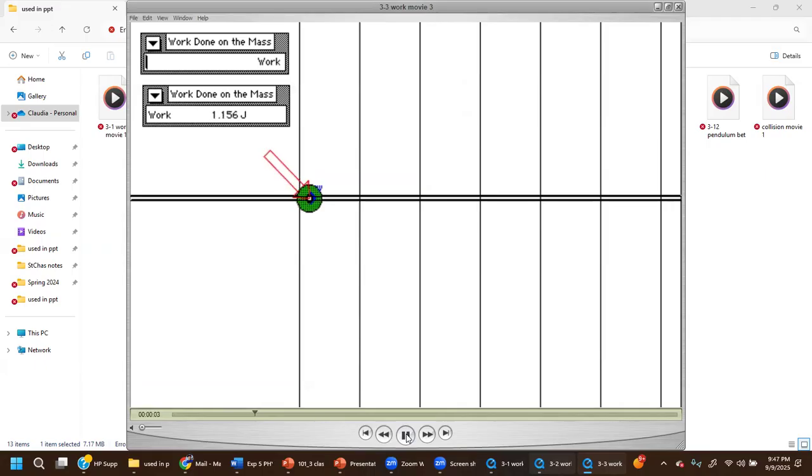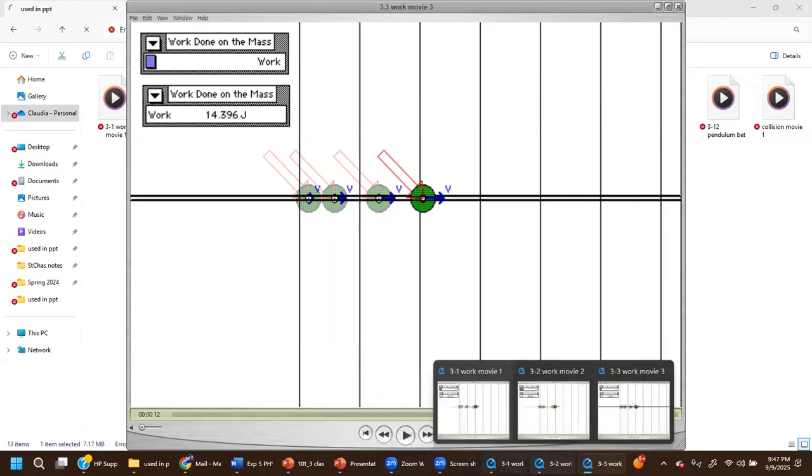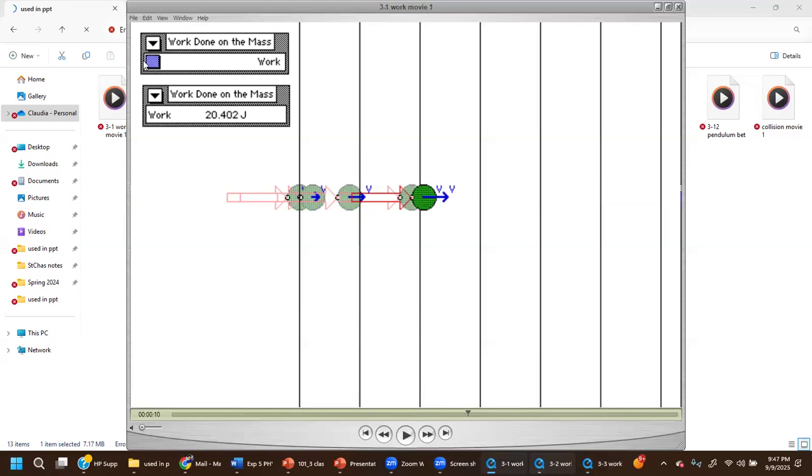Because we have a force going at an angle, only the part that's parallel to the displacement is doing the work. At the second one, let's go back a little bit. We saw that the work is going to be 14.34. On the same area, if the force is going parallel to it, it's going to be 20.402 joules.